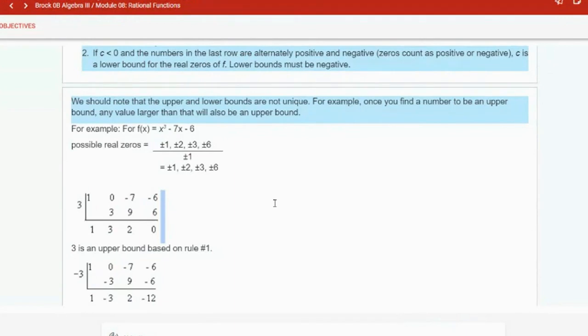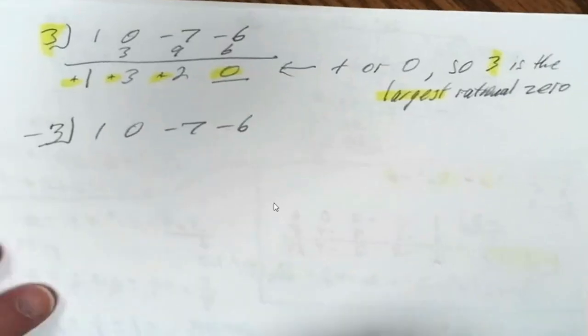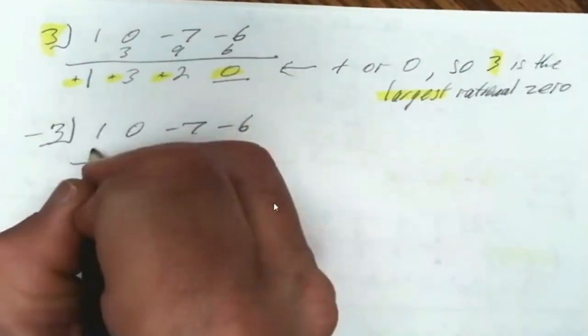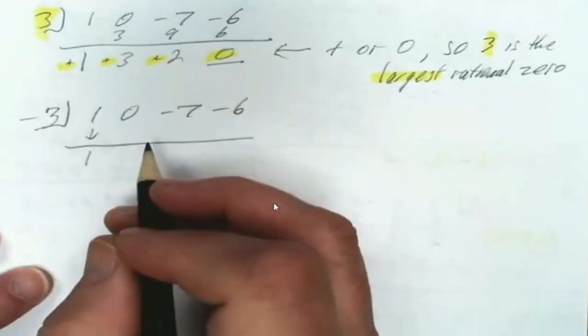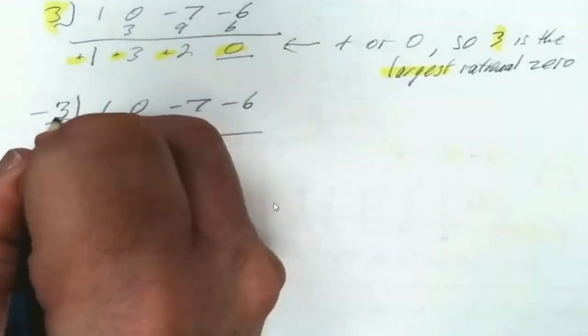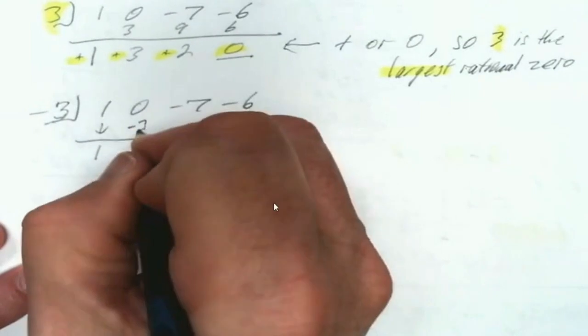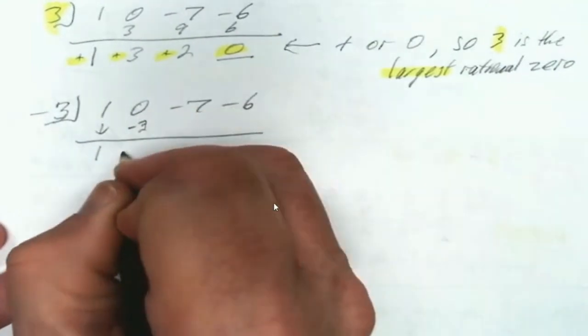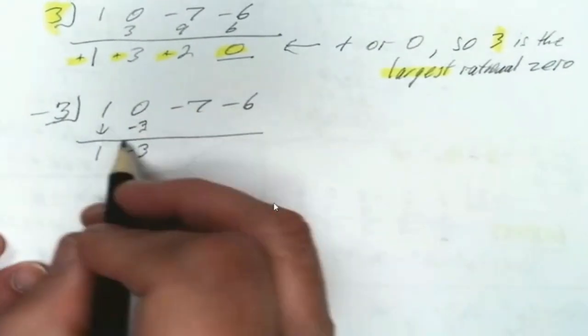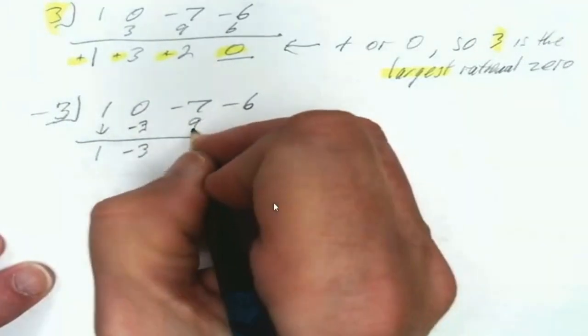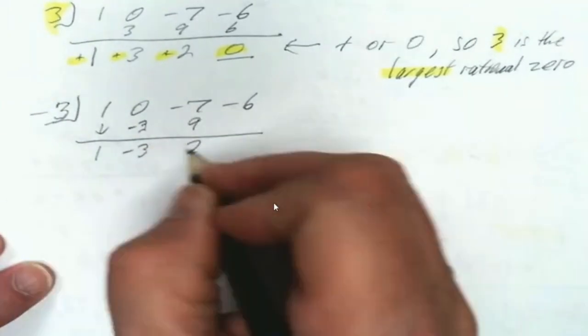Now, in another situation, if we did -3, let's look at this using the same equation. I'm writing that down. If we do this synthetic division, bring the 1 down, multiply -3 times 1 is -3. Add those. That's -3. Multiply. Add those. Multiply.